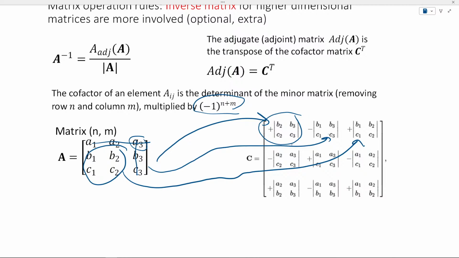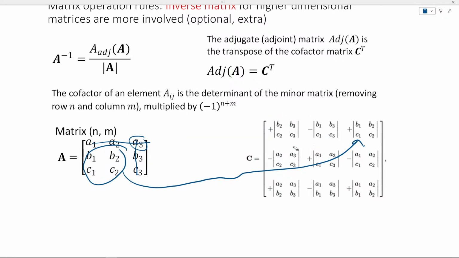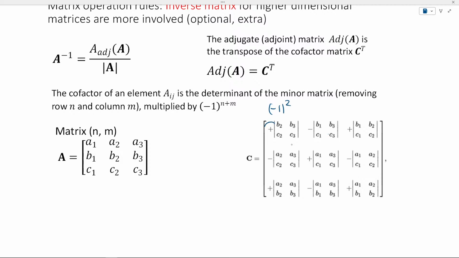So basically, there's a rule here: it's negative 1 to the power of n plus m. Let me show you how to know if this is positive or negative. Here n is equal to 1 and m is equal to 1, so that is negative 1 to the power of 2, and that's why you got a positive.